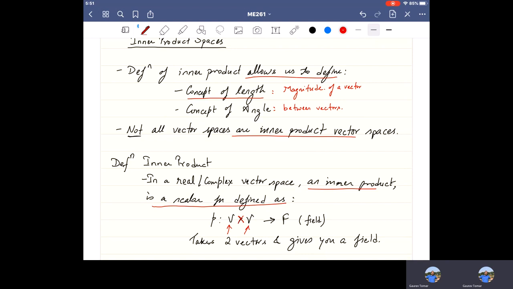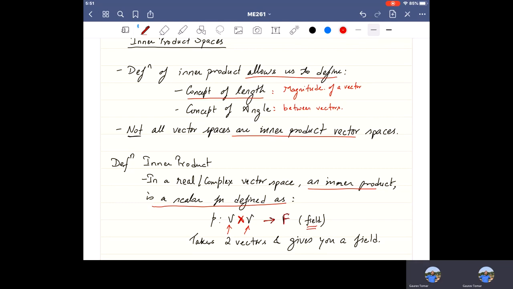We're defining it as a product, so we'll just use this symbol. It does some operation between the two, and the resultant is a field element.